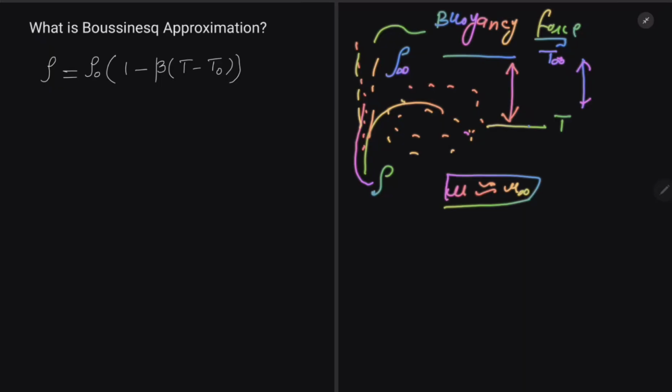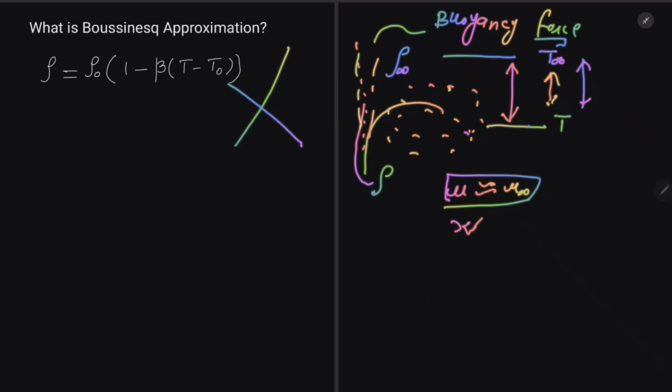Viscosity does not change, and thermal conductivity will also remain constant. So this is the Boussinesq approximation. It says that the temperature difference is very small. This approximation fails when the temperature difference is too high. In that case, you cannot apply the Boussinesq approximation.